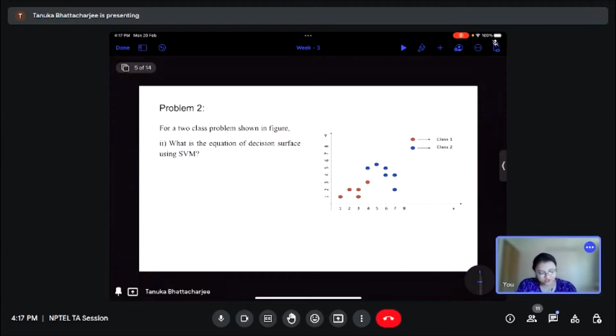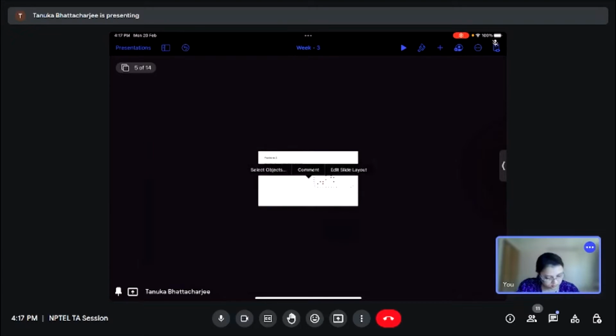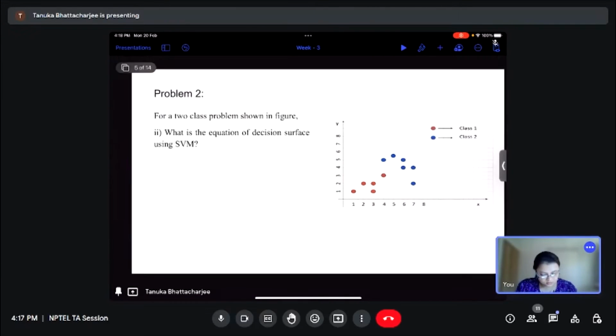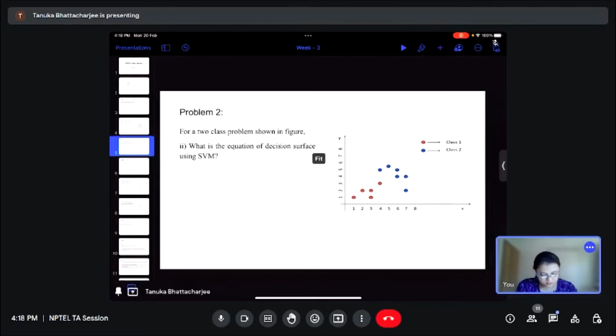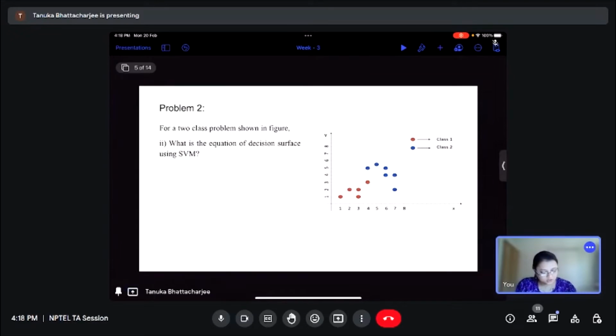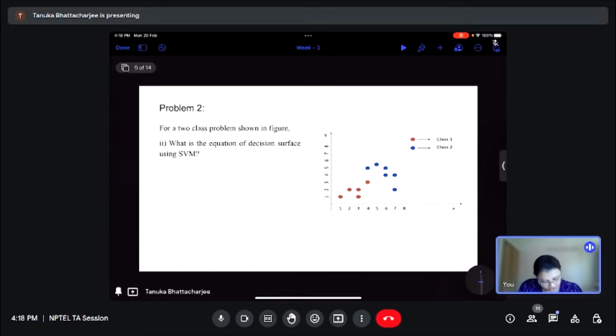To compute that, we will compute the equation of this boundary, which is the boundary for class 2.